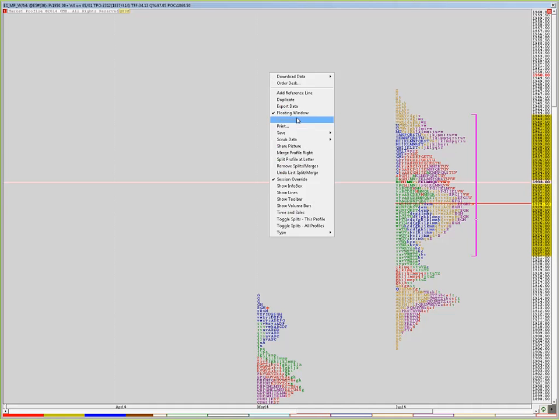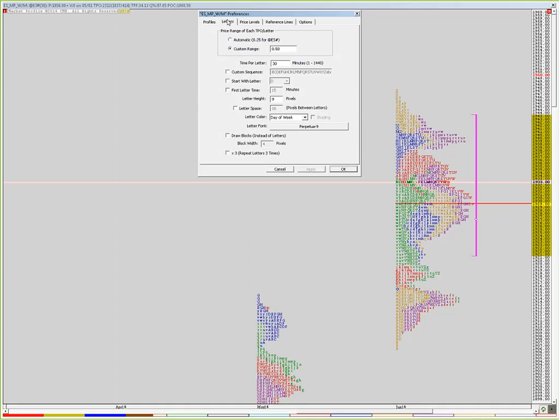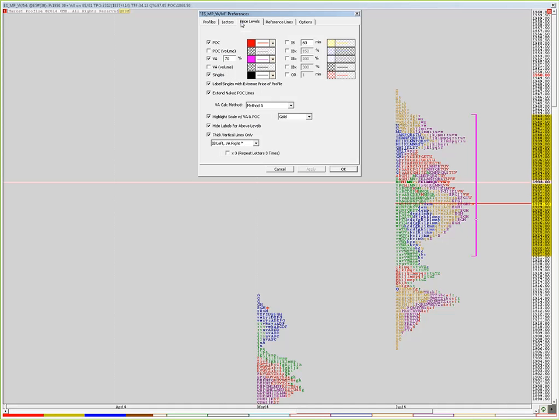So let's do this. Preferences, we're going to add the, let's add the point of control from the volume standpoint. Let's represent that with the round brackets as we typically do.